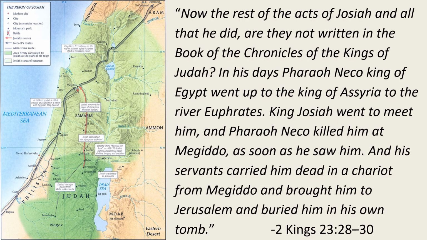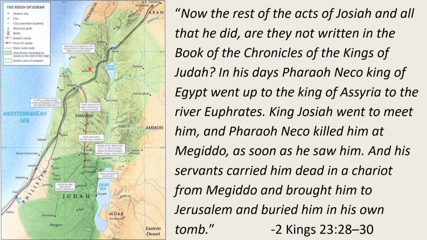This is from the reign of King Josiah. In his days, we read that Pharaoh Necho, king of Egypt, went up to the king of Assyria to the river Euphrates. They were going to fight. So Pharaoh, marching from Egypt, is coming up by the sea to the Euphrates River to fight with the king of Assyria, who is off screen that way.